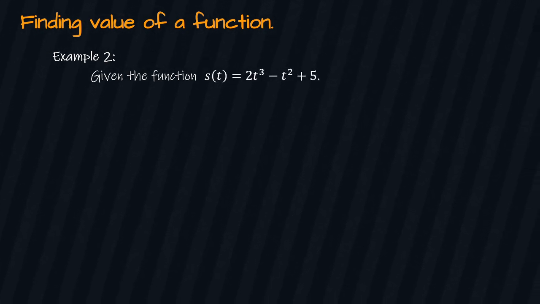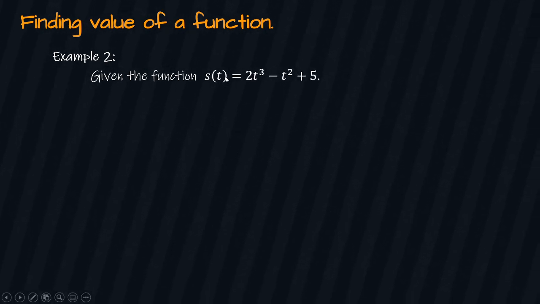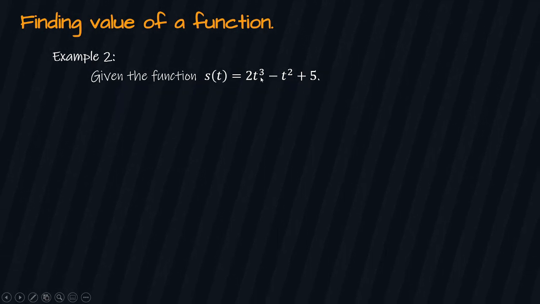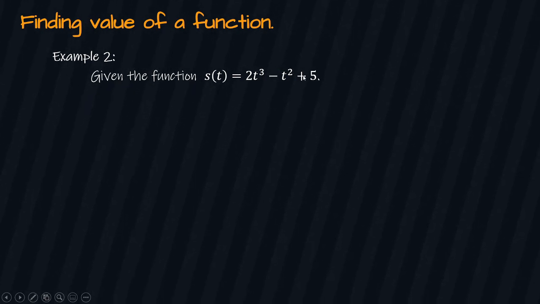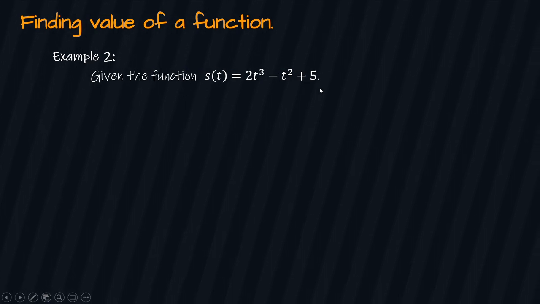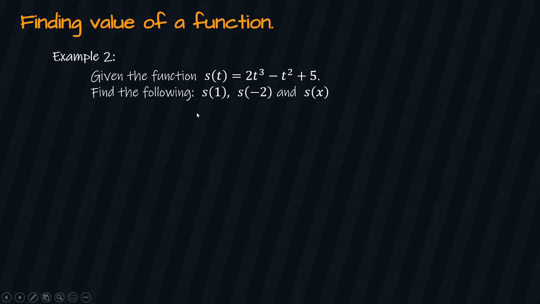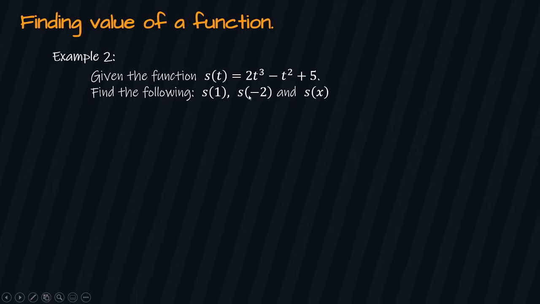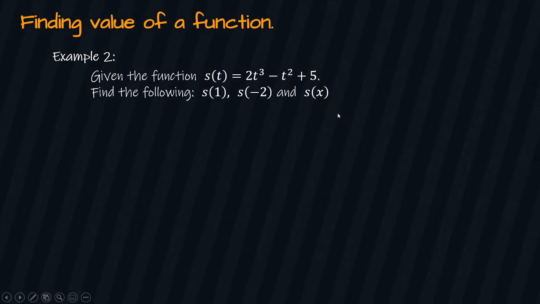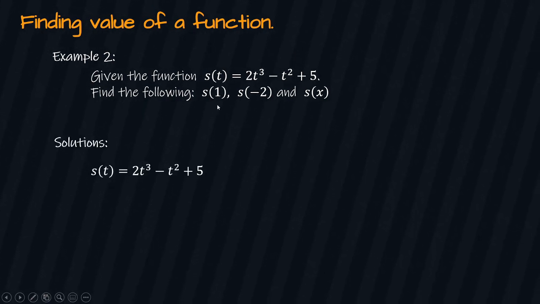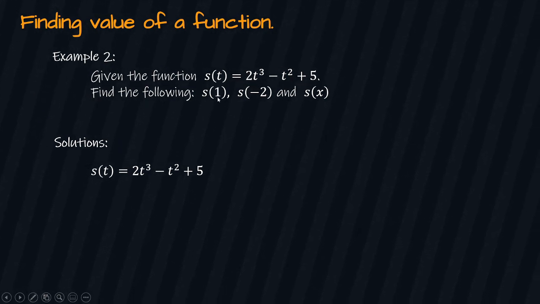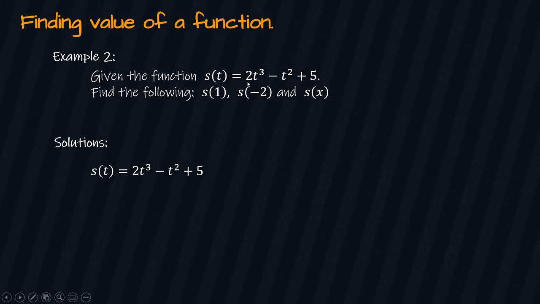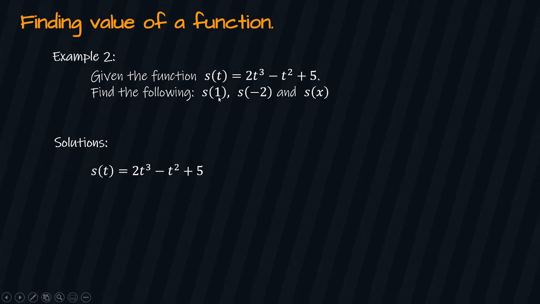We have the given function s(t) = 2t^3 - t^2 + 5. We are required to find the following: s(1), s(-2), and s(x). For s(1), we directly substitute 1 for the variable t of the equation.